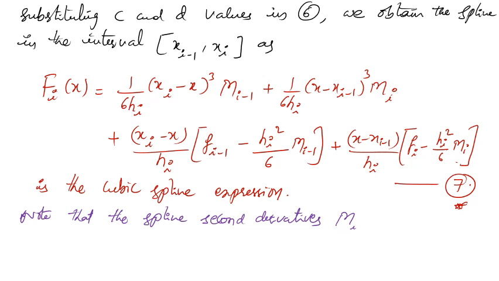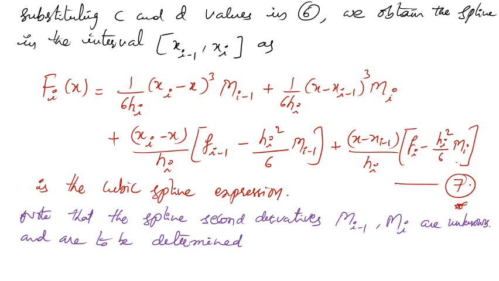What are the second derivatives? mi minus 1, f double dash i minus 1, and mi, f double dash i, are unknowns and are to be determined. Now to get these mi minus 1 and mi values, we will use the continuity conditions.